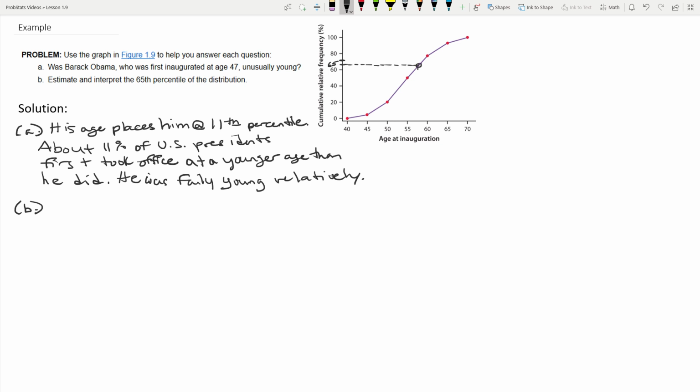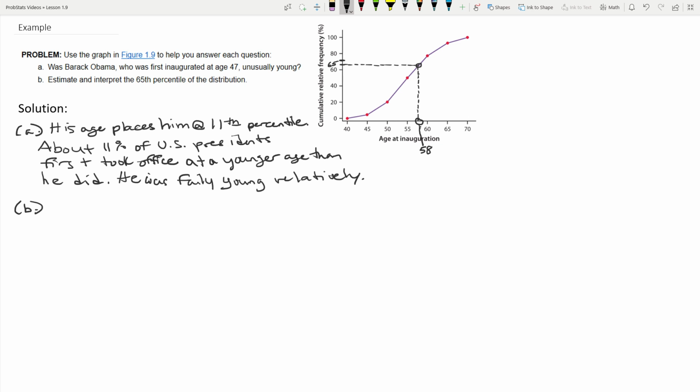And then we want to go down to the x-axis because we want to figure out what age that is. So like around here. So that's about 58 years of age. 57, 58 is a little bit above the 57 mark, I would say. So about 58 years of age.